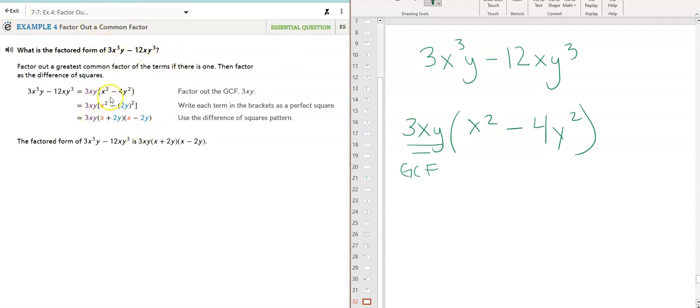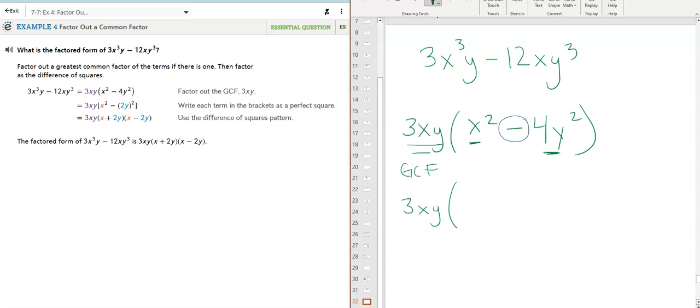Now, taking a look at what's inside, I can tell that this is a perfect square and this is a perfect square. Okay, and because the center symbol is a subtraction sign, I know that it's a difference of squares pattern. So I'm going to have one be positive and one be negative. Don't forget that your GCF doesn't go anywhere. It needs to stay there.